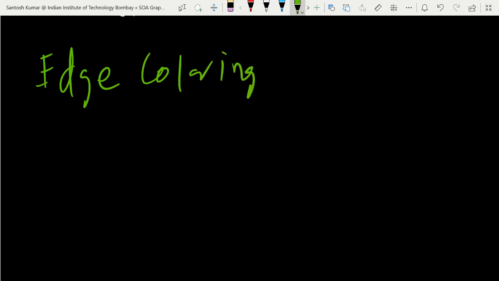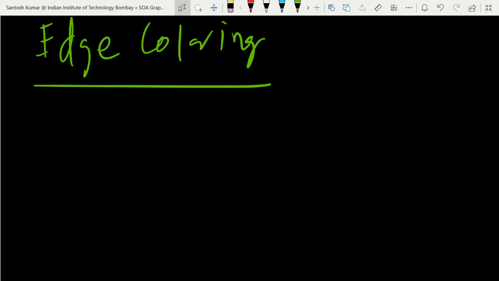So the next topic is edge coloring. Earlier we were coloring vertices, now we'll color edges. For the examples of the exam scheduling problem or committee scheduling problem, we were using the vertex coloring concept to schedule meeting slots or exam slots.